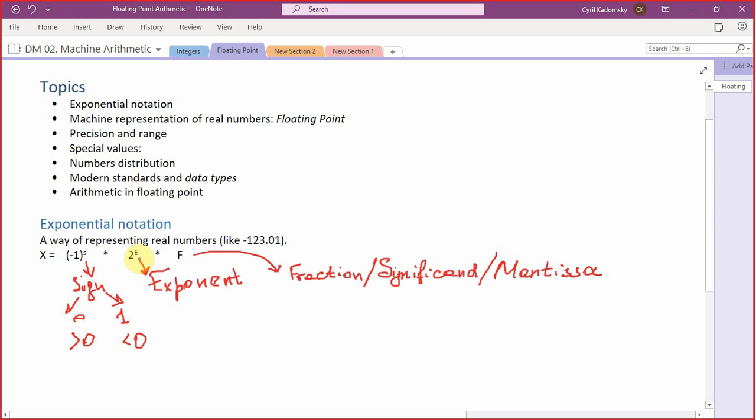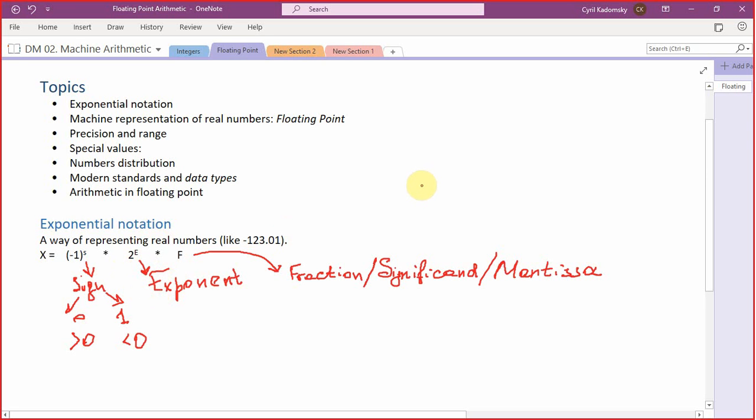Next, the exponent. Okay, sorry please. Just to be clear, if the sign is 0, we get positive. And if the sign is 1, we get negative. Yes, right. Okay. And of course, I encourage you to just re-ask if you have doubts whether you understand it correctly.